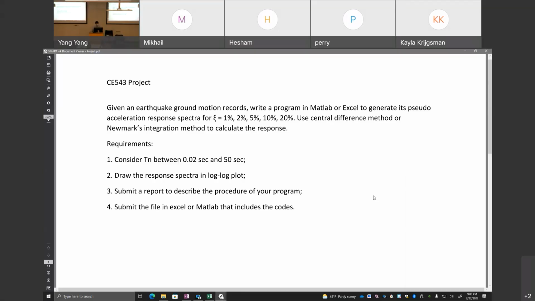And I will also show you some examples of students from previous years. So that's the plan for this project, and I believe you will have a lot of fun using MATLAB or Excel to do some practical data analysis.